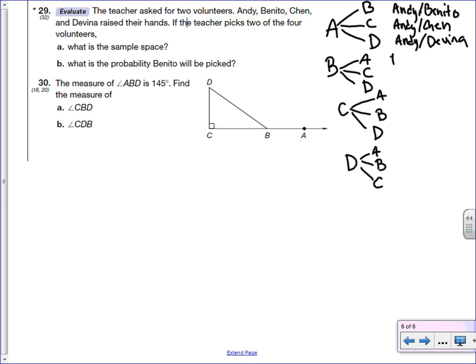Then we have Benito and Andy. Benito and Chen. Or Benito and Davina. We have Chen and Andy.